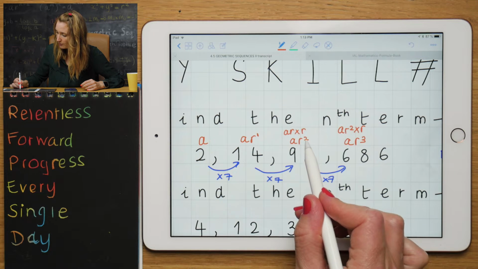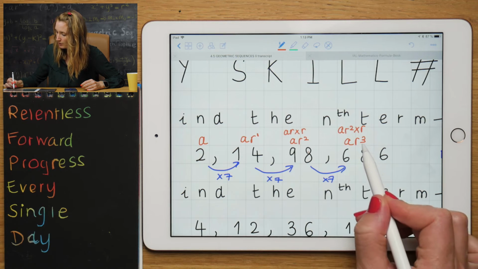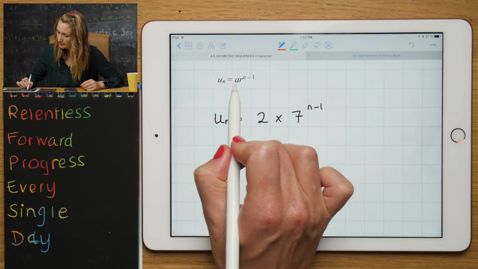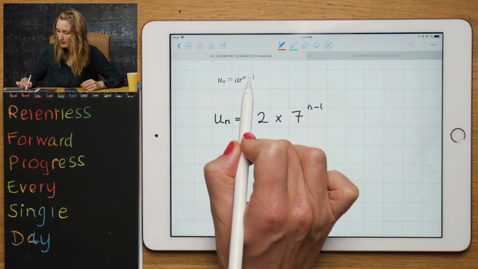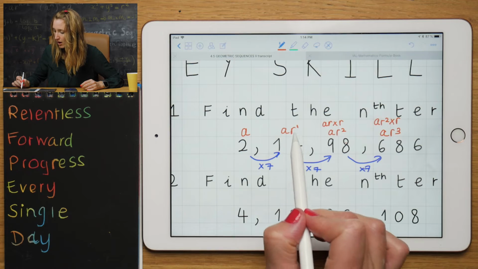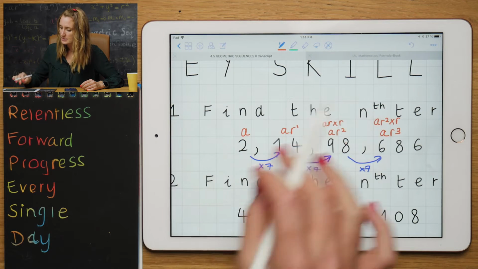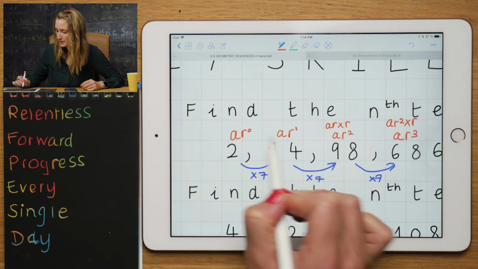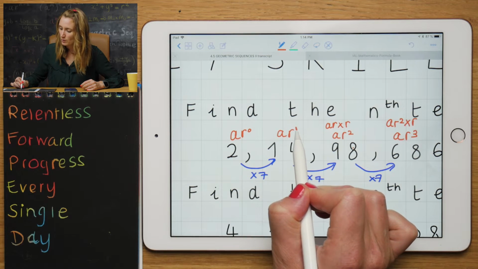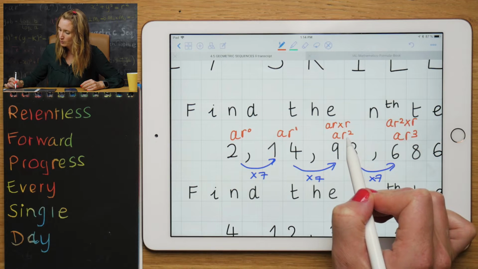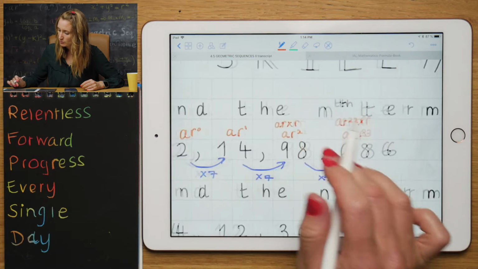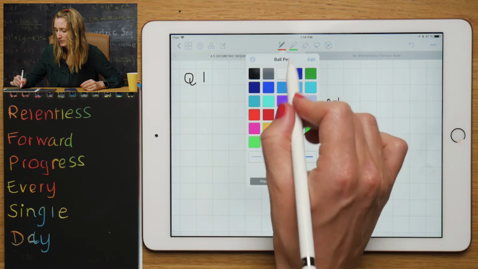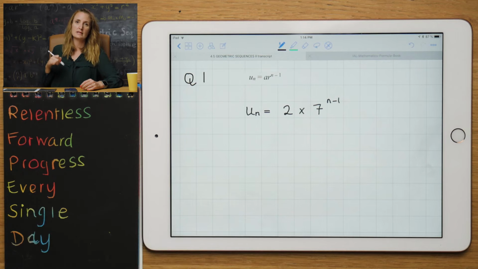On the third one, I've got R power 2, and the fourth one, R power 3. So the formula is un equals A R to the n minus 1, because the power of R is always 1 behind the term number. So here you've got basically R power 0, the first one. The second one is 2 minus 1, R power 1. The third one is 3 minus 1, R power 2, and so on. So this is the nth term. This is the formula that will give me any term that I want in that sequence.